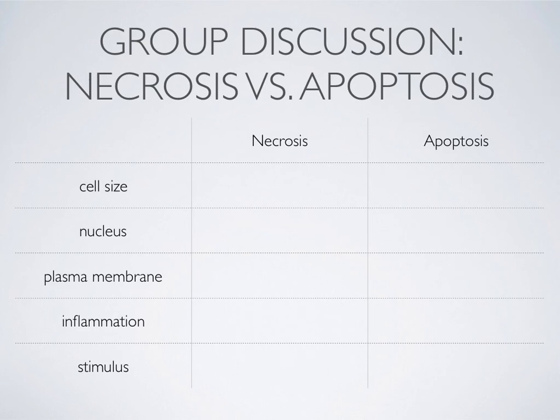Yes, question. So on the quiz, there was a question about which ones included blebbing. So would that be apoptosis? I have to go back and look. Look at the actual question. There was a little bit more to it, right? Yeah.